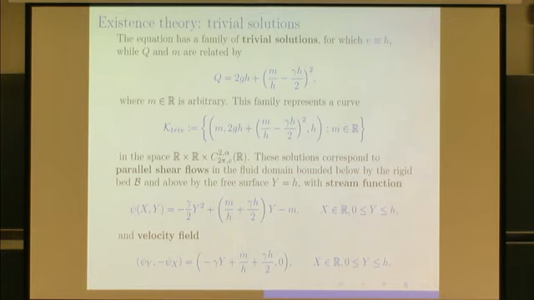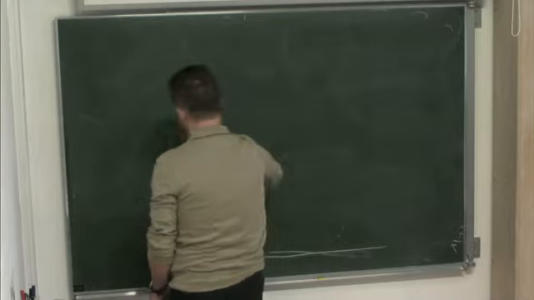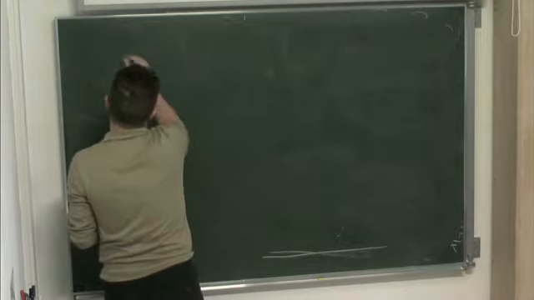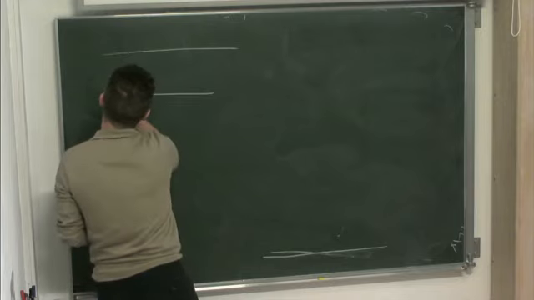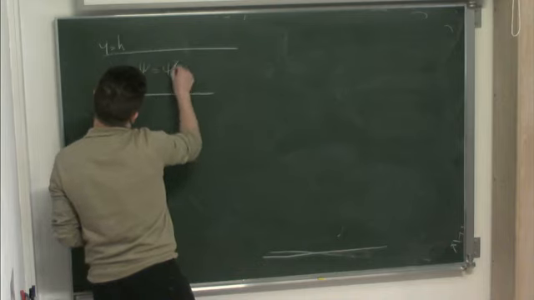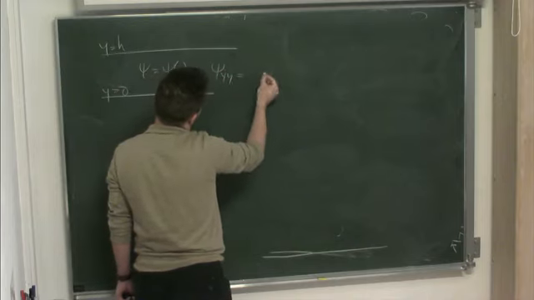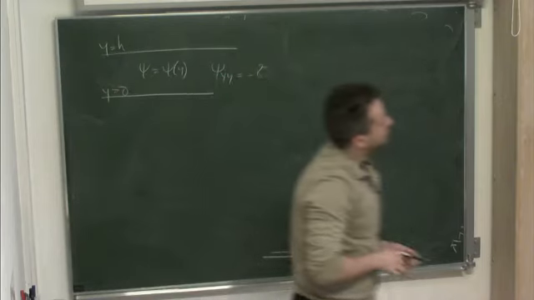First of all, this problem has trivial solutions in which the free surface is flat. So y is 0, y is h, and psi equals psi of y, and in this case the equation becomes psi y equals minus gamma.